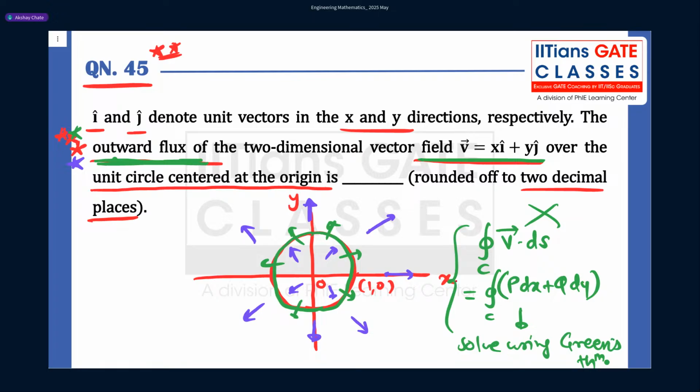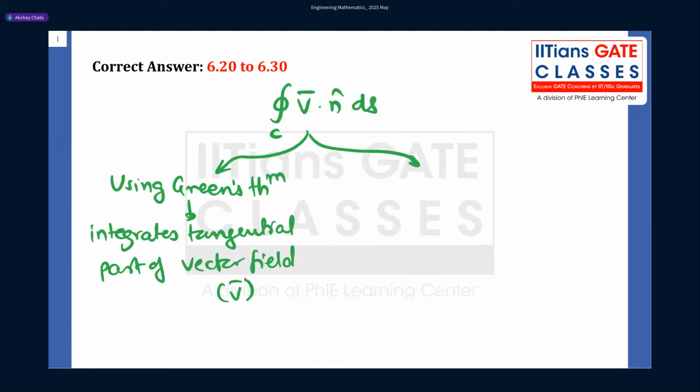You are calculating the tangential part of your vector field along the contour C. Okay, but here they are asking you to find the normal part, which is called as flux. Okay, so for that you need to use this thing, which sometimes they call the flux form of Green's theorem, or they also call this the 2D divergence theorem. Okay, so these are different names for the same thing.